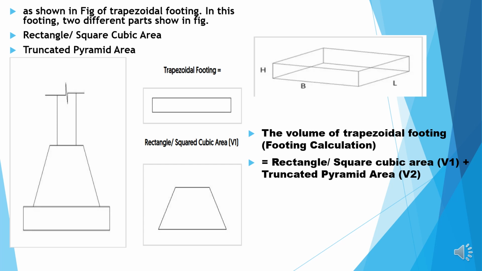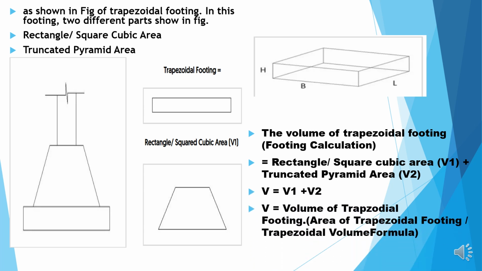The volume of trapezoidal footing is equal to the rectangle, that is V1, plus the pyramid area, that is V2. V is equal to V1 plus V2. V is equal to volume of trapezoidal footing.